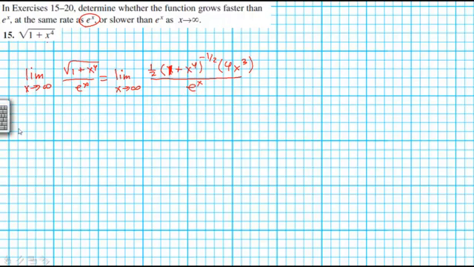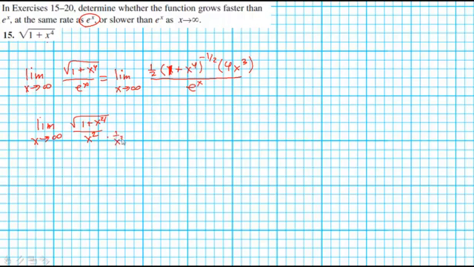I'm going to take a quick look at the rate at which this is growing, and I actually know that this is growing at about the same rate as x squared.